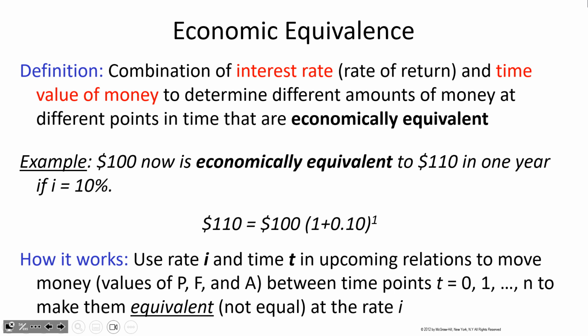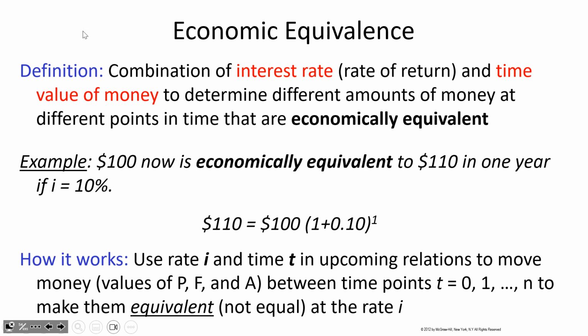And economic equivalence problems, I think in today's in-class exercise, I'm asking you to solve for a variety of different things. Sometimes it's the time, sometimes it's the interest rate, sometimes it's the amount either at the present or in the future.